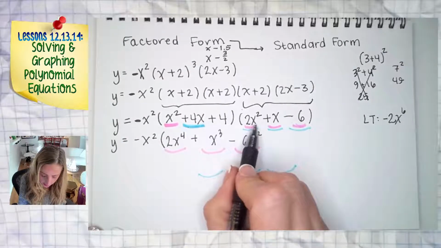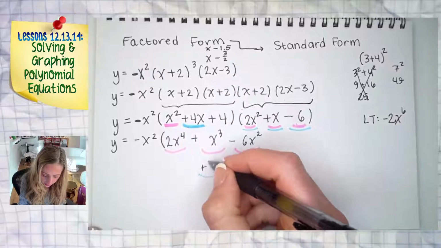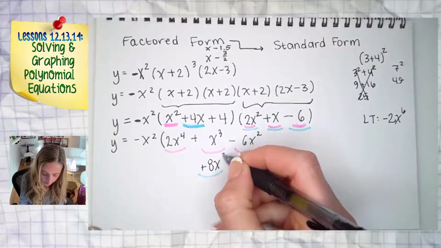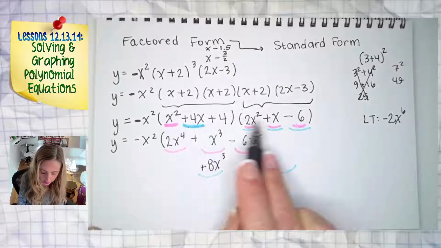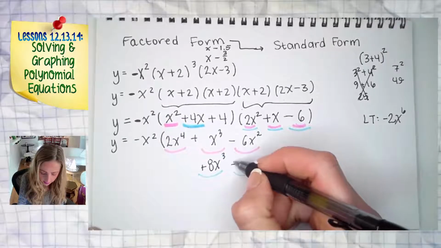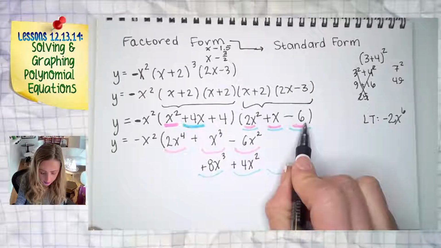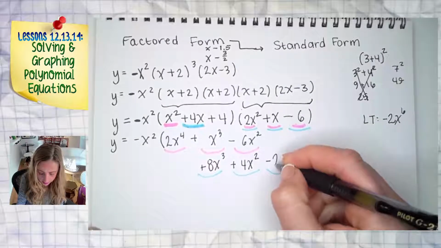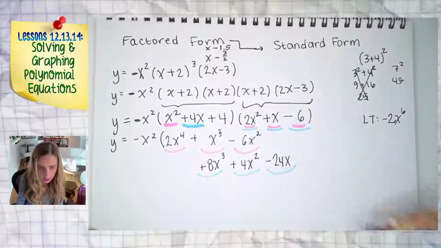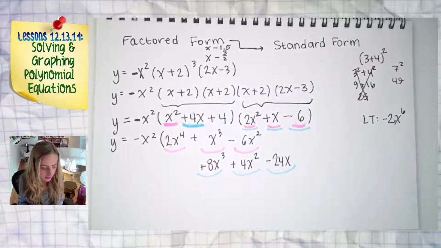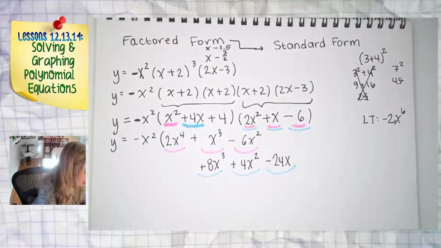So 4x times 2x squared is plus 8x cubed. 4x times positive x is plus 4x squared. And 4x times negative 6 is minus 24x.